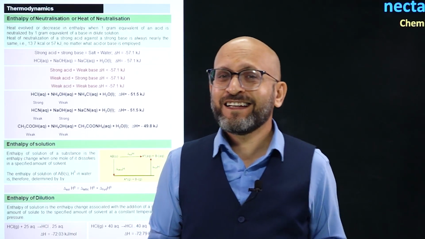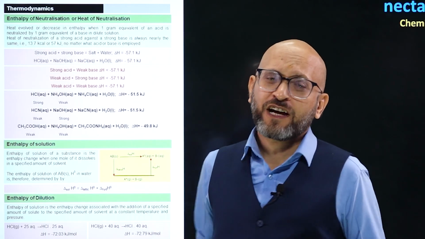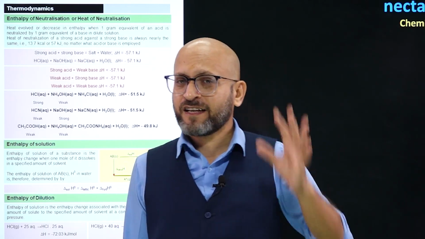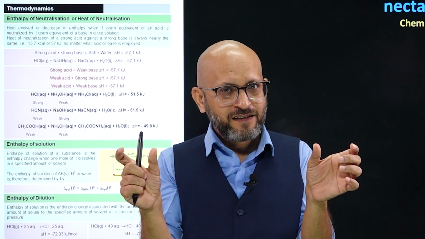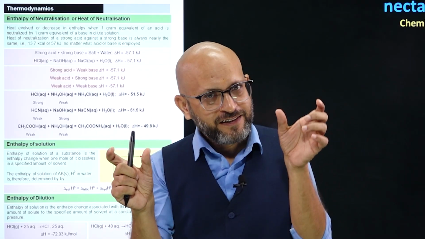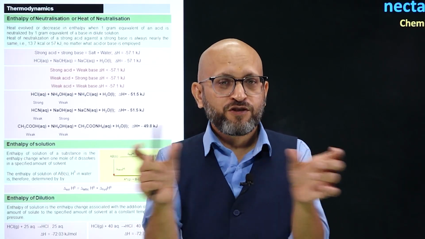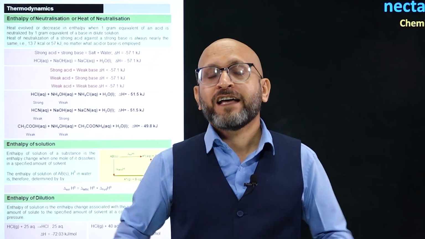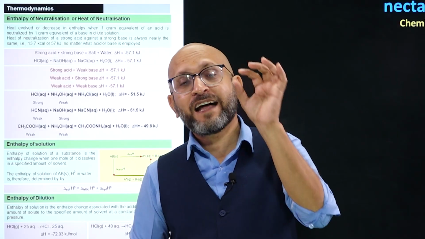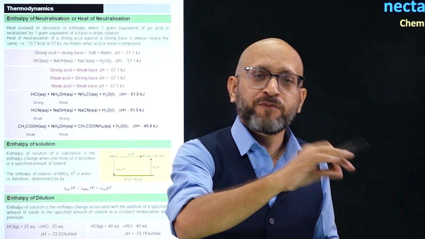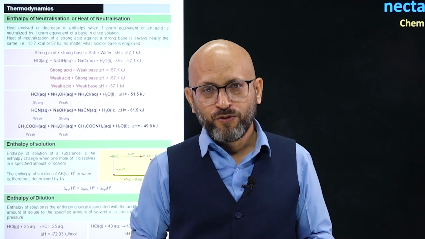The amount of heat released depends on which kind of acid or base has been taken. If you take a strong acid with a strong base and do the neutralization, then the energy released is always a fixed value, and that fixed value is 57.1 kilojoule per mole.